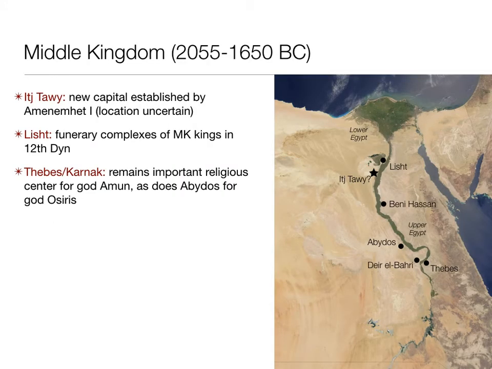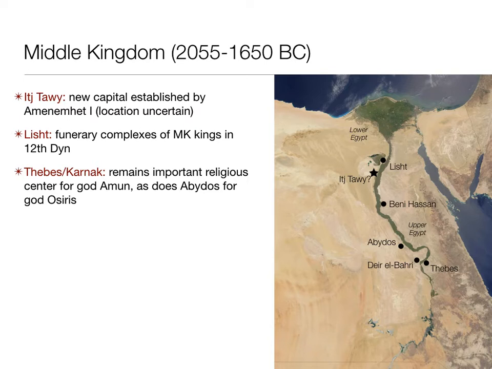So essentially in the Middle Kingdom, here's a map of the Nile Valley showing some of the major sites. The capital of the Middle Kingdom moves again. It's still near the Fayum, near Memphis a bit, but it's at a site that may have been discovered recently, though its location up to now has been fairly mysterious.